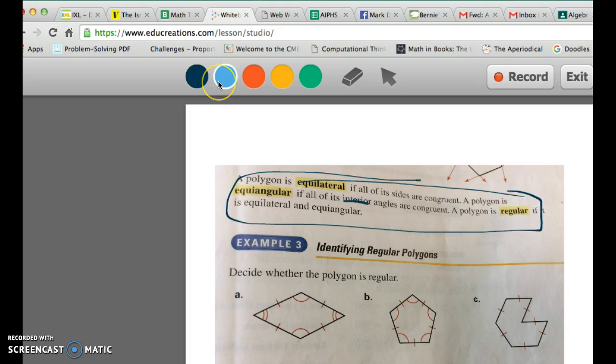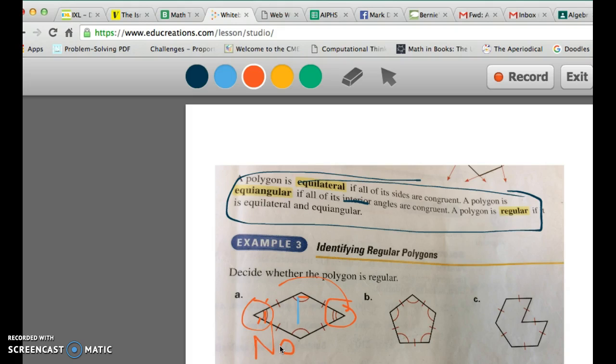So, is it regular? Here, all its sides are congruent, and these angles are congruent with each other, and these angles are congruent with each other, but the side angles are not congruent with the top angles. I can tell because this one has 2 marks and this one has 1, so therefore no, it's not regular because there's some angles that are not congruent.